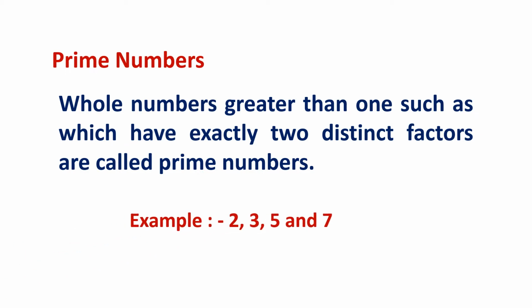Likewise, we can have 2, 3, 5, 7, 11, 13, and there are so many prime numbers. The only need to be a prime number is that it should have only 2 factors. If a number has only 2 factors, then that number is a prime number.